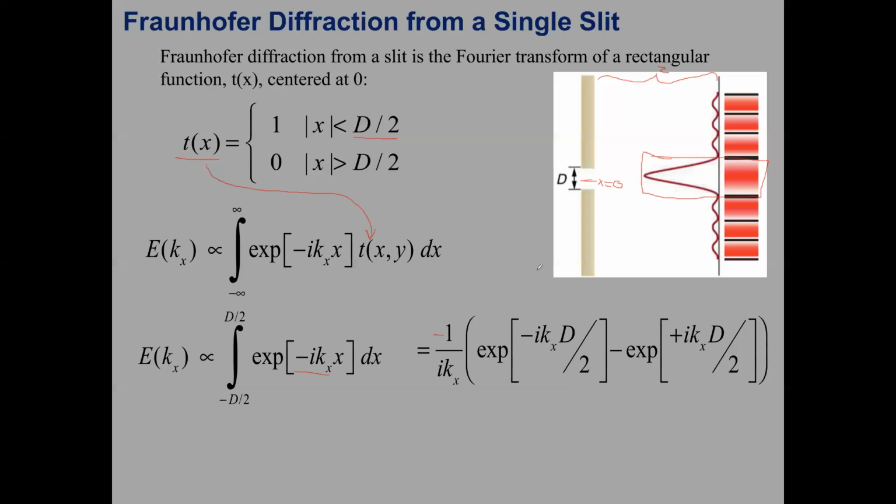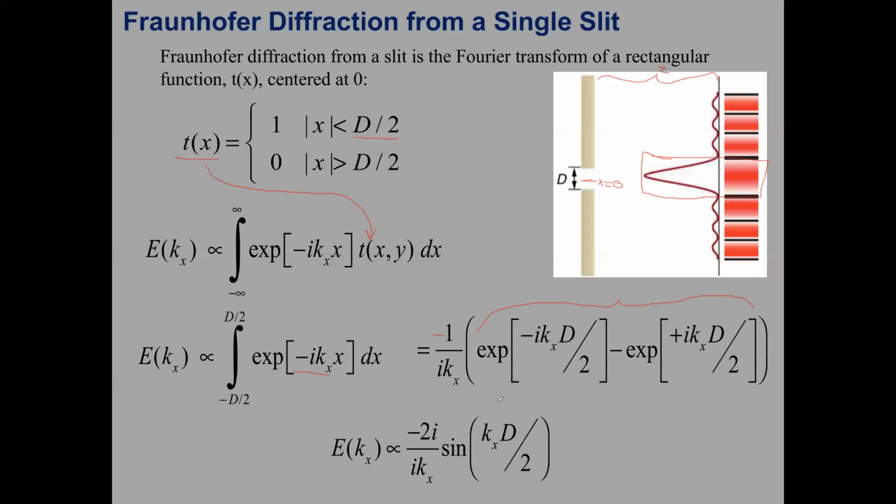And from here it's just algebra, simplifying the function and then replacing kx with x prime. So we can use some algebra of complex numbers here to take this whole difference of complex exponents and rewrite it as a trig function. I'll leave it to you to show, but I'm using one of those identities that sine of theta is equal to e to the i theta minus e to the minus i theta, divided by 2i.